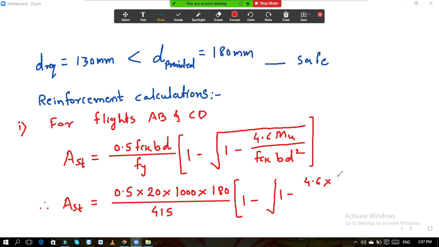What was the value of bending moment? 38 point something, no? I have written here 05. You check the value and let me know accordingly. fck is 20, into b is 1000, into d square. So it is 180 square.